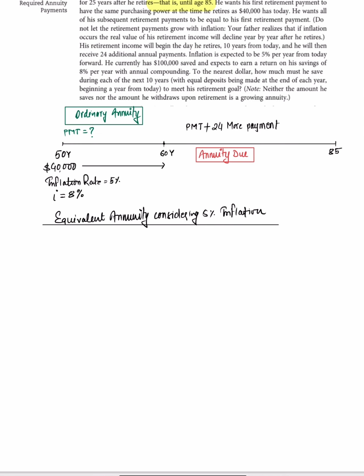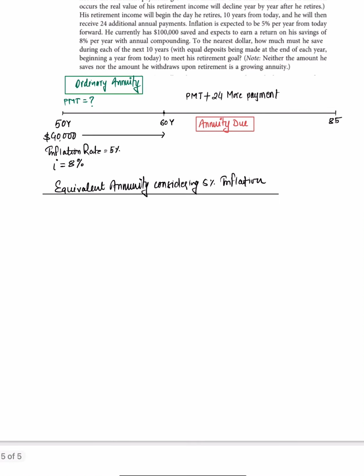Alright, so basically what we're trying to do is find what this 40,000 looks like after considering this inflation rate at the end of the 10th year. So that's just finding the future value of that 40,000, 10 years from now. That's going to be 40,000 times 1 plus 0.05 to the power 10.